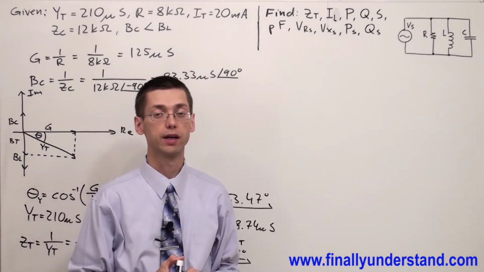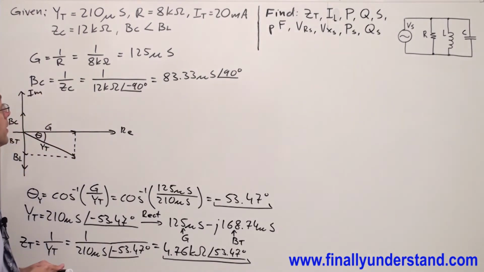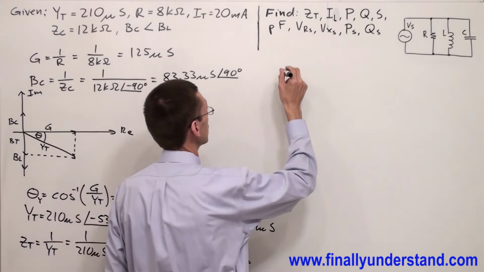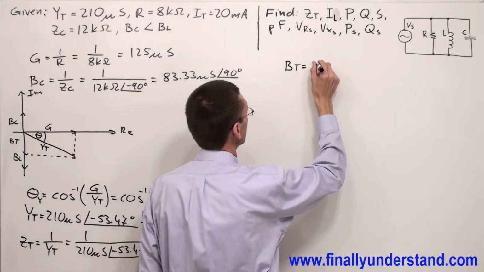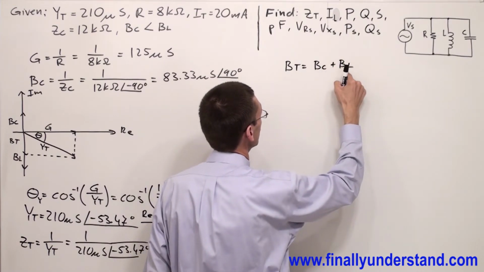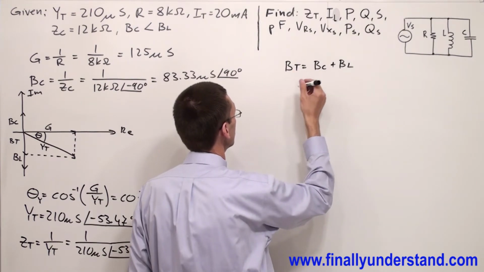In order to find IL, we're supposed to find the inductive susceptance. In order to do so, I'm going to use the formula which says B total is equal to BC plus BL. In order to find BL, I'm going to solve this formula for BL.